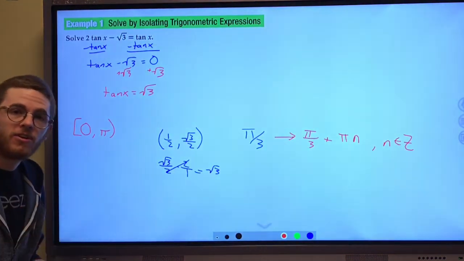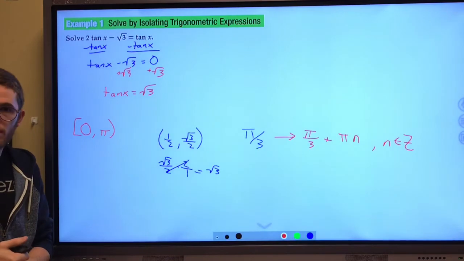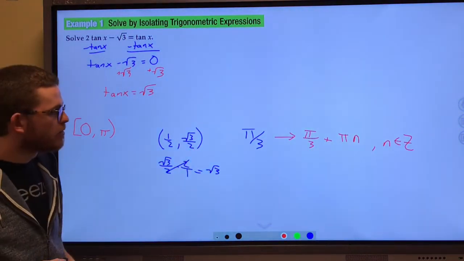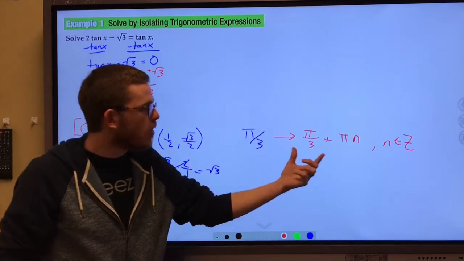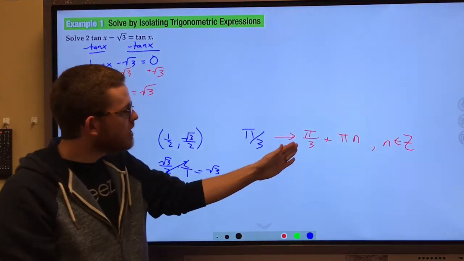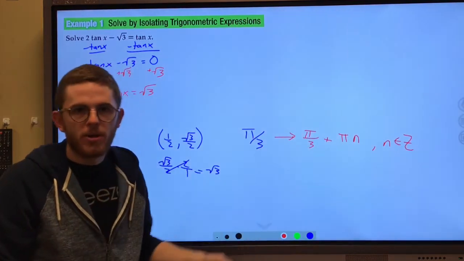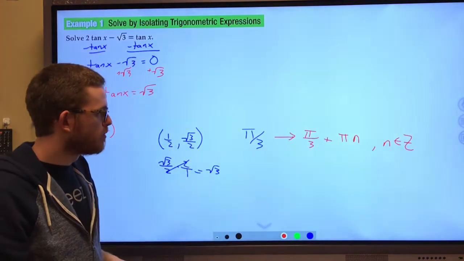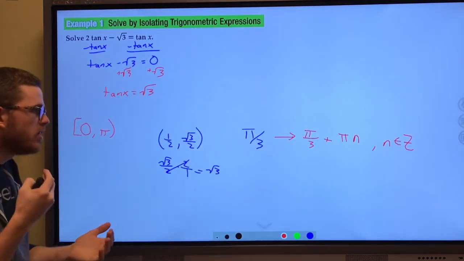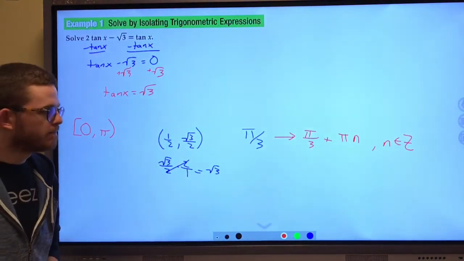There's infinitely many of these values, but I look for just one of them within my period from 0 to pi. I found that one value, pi over 3. And so to express it as all the values that would possibly give me the square root of 3, I know it's any multiple where I add the period to my pi over 3. As long as n is an integer, then I know this is going to give me an output of the square root of 3 for tangent.